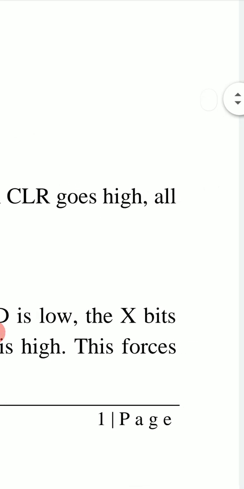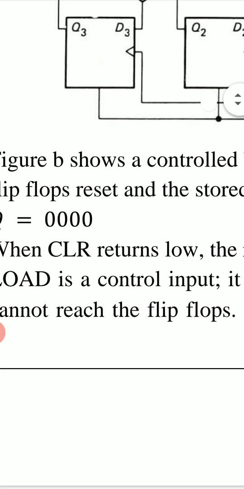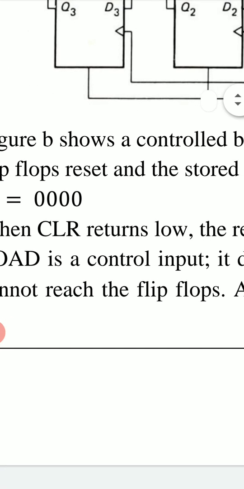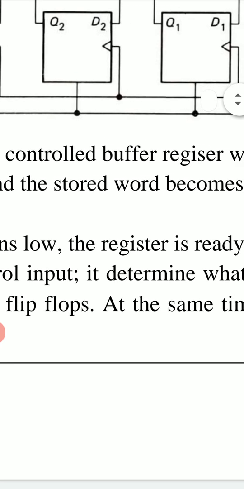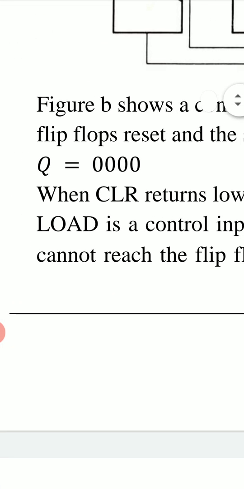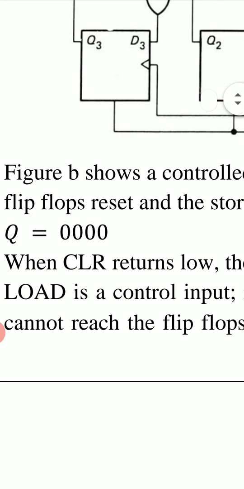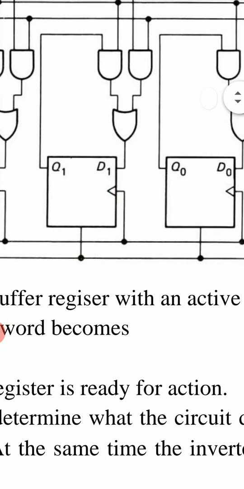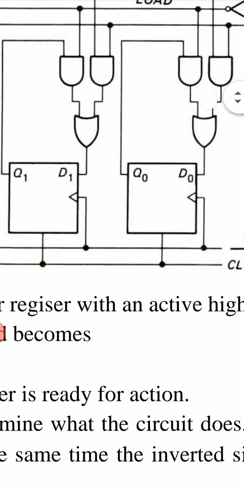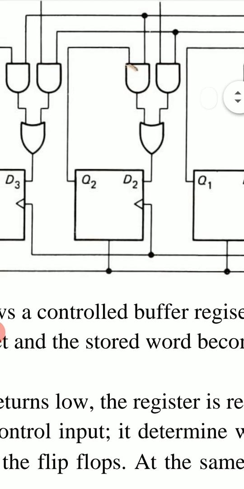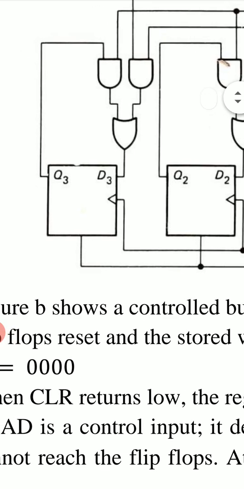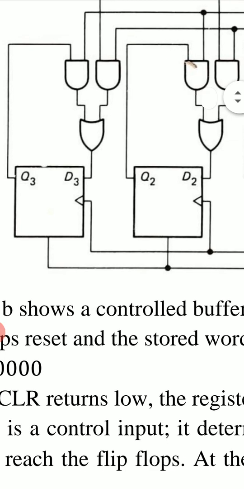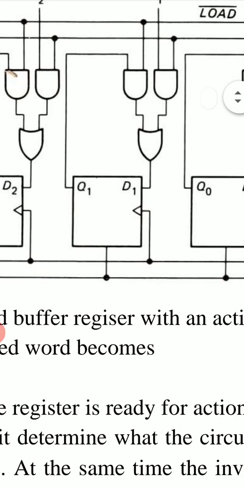When CLR goes high, all flip-flops reset and the stored word becomes Q equal to 0, 0, 0, 0. Q means Q3, Q2, Q1, Q0. Q is the 4-bit word. These 4 bits are the outputs of these 4 D flip-flops, which are Q3, Q2, Q1, Q0.